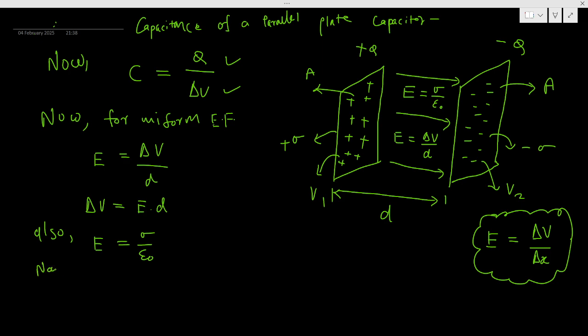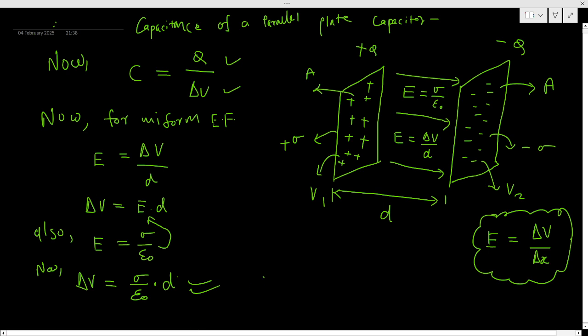Delta V is equal to sigma by epsilon naught into D. So we have substituted this value over here and we got this. Now this is delta V, and what is the value of sigma?